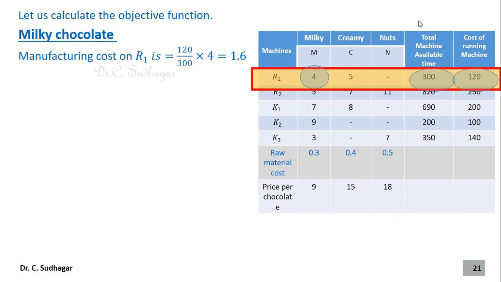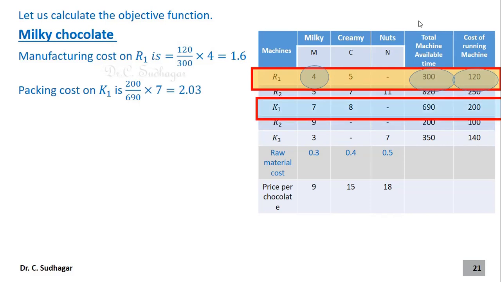So this is the manufacturing cost for the first type chocolate X1. Not only this, we are going to pack this also. So for packing, what are the availabilities? The packing machine is available totally for 690 hours, and the packing machine running cost is 200 reals.